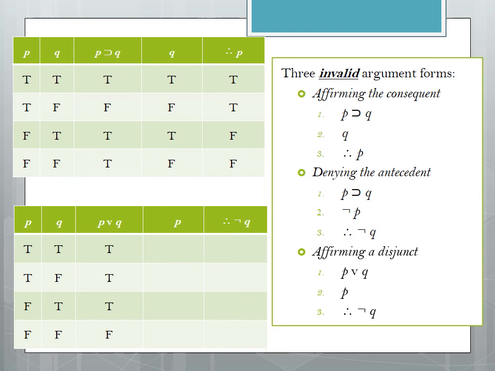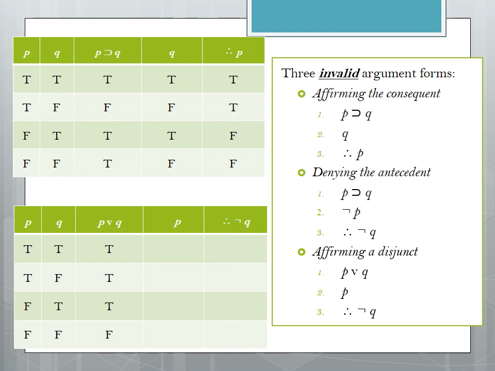So it looks like this. In the top three rows, at least one of the disjuncts, so either P or Q, at least one of those is true, so the disjunction is true. In the fourth and final row, P is false, and Q is false, so we don't have a true disjunct, so the disjunction is false.